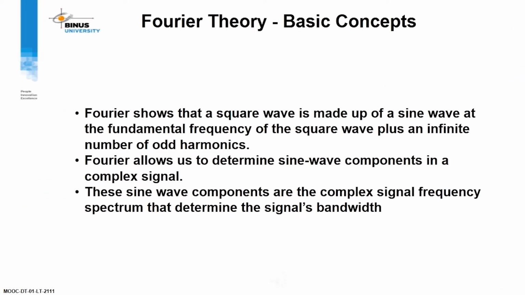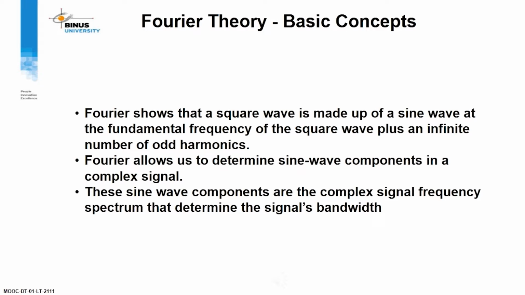Fourier theory. Basic concepts. Fourier shows that a square wave is made up of a sine wave at the fundamental frequency of the square wave plus an infinite number of odd harmonics. Fourier allows us to determine sine wave components in a complex signal.